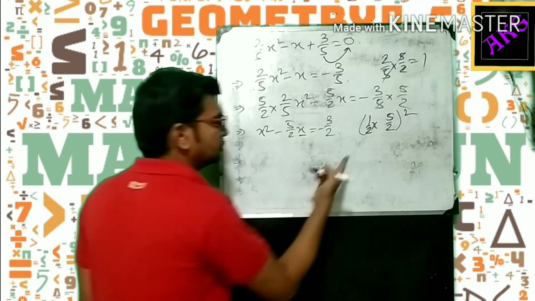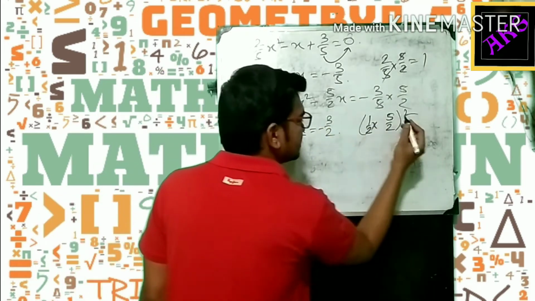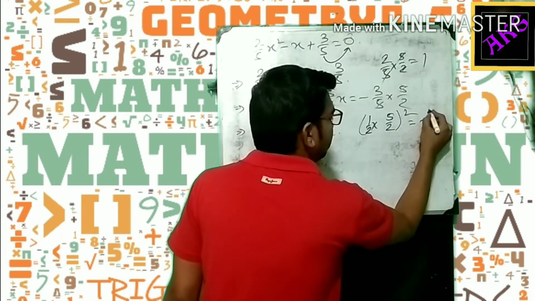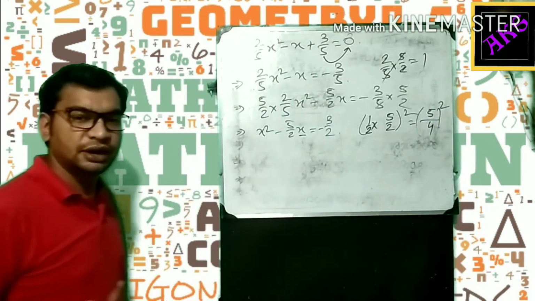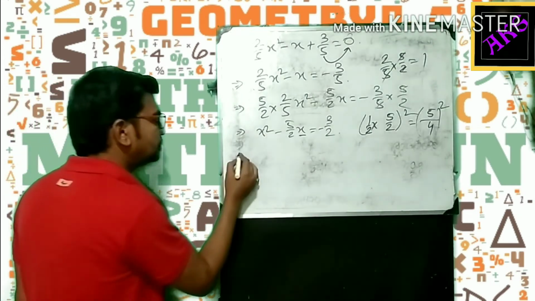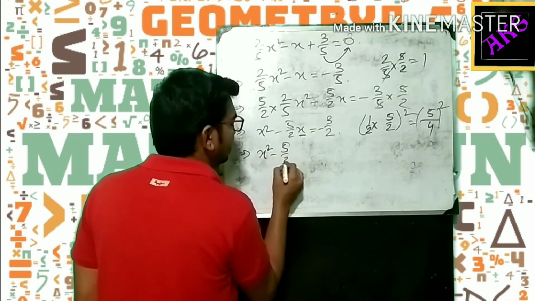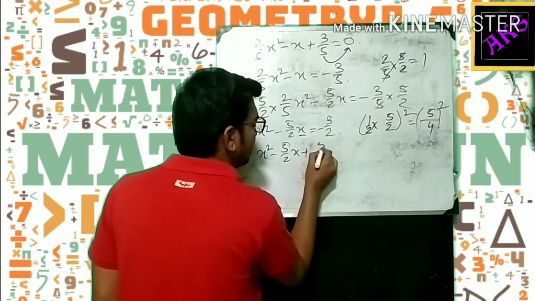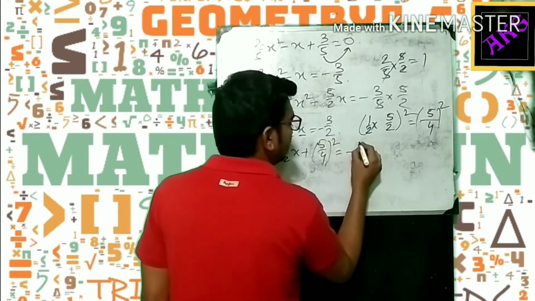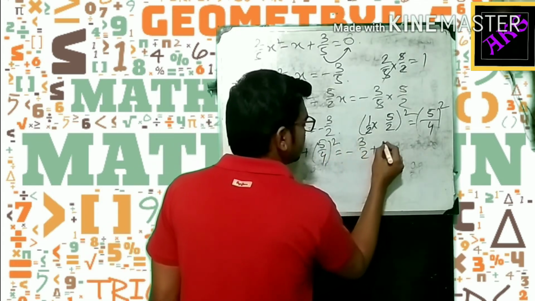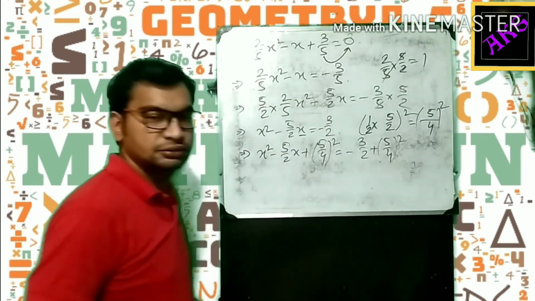Here we just need to add this term on this side and this side. Here we get (5 by 4) square. So what we will do? We'll just add: x square minus 5 by 2x plus (5 by 4) square equal to, here we have 3 by 2 plus (5 by 4) square.